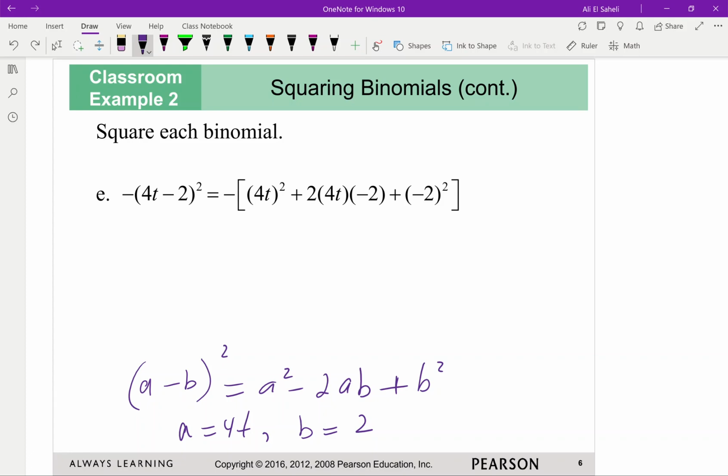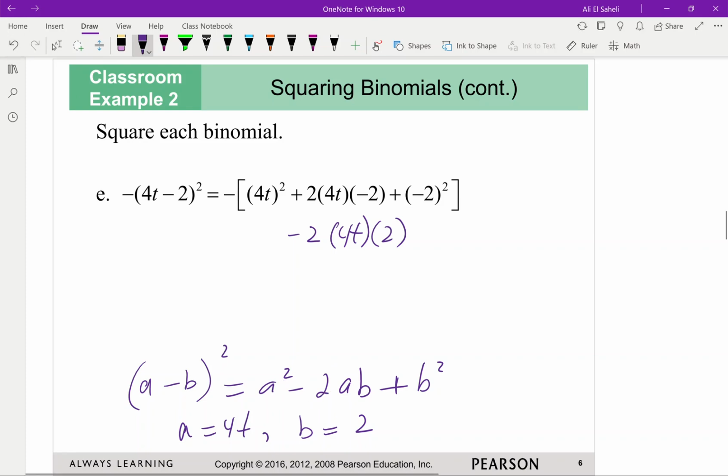So (4t)² minus 2 times 4t times 2. Okay. I don't know why they confused this. This should be minus 2, A, which is 4t, B, which is 2.